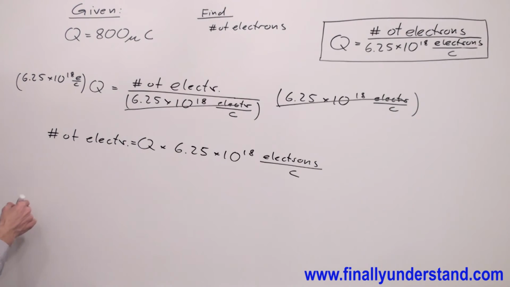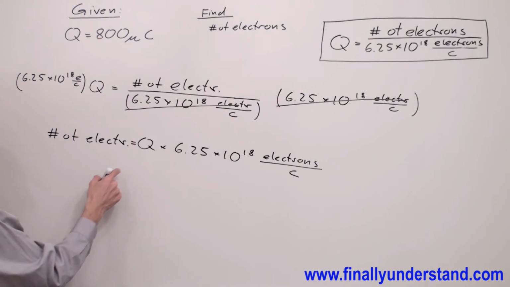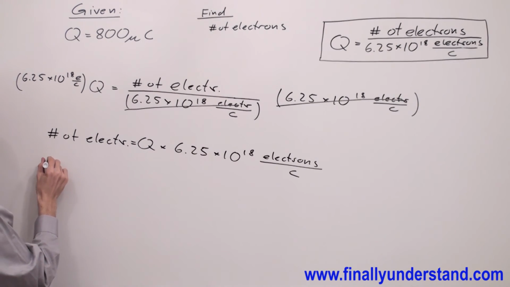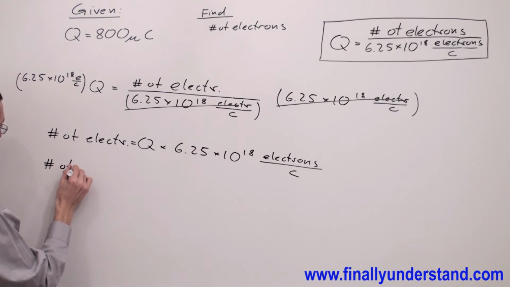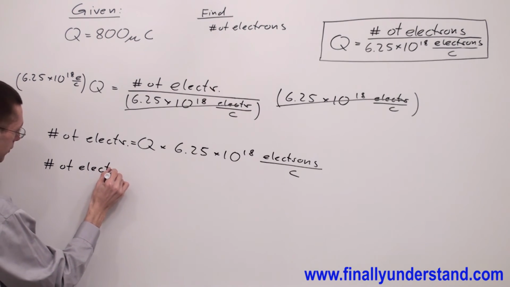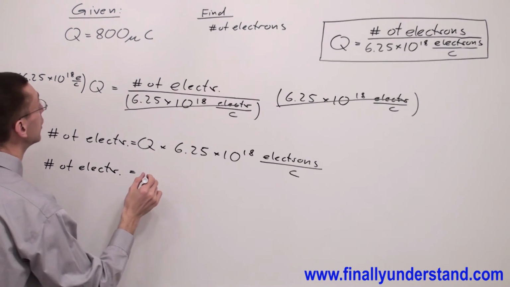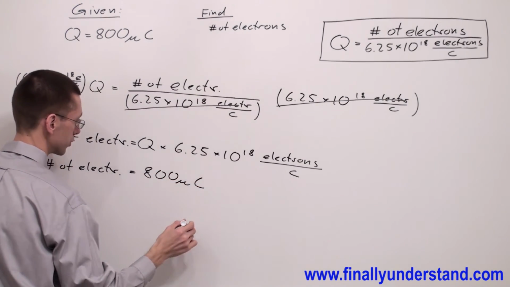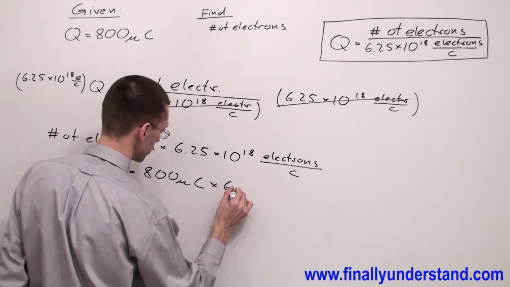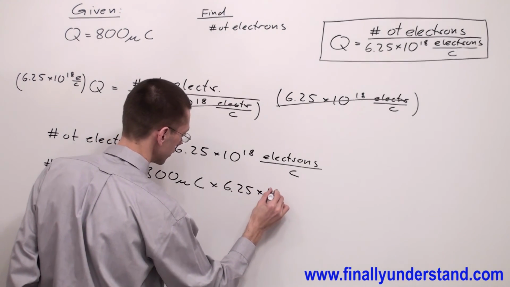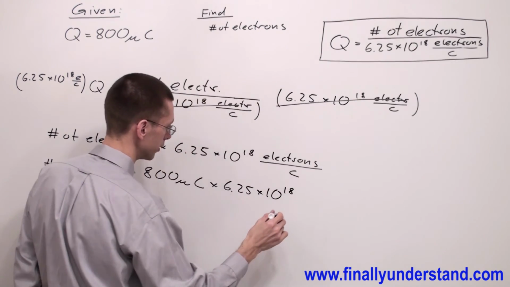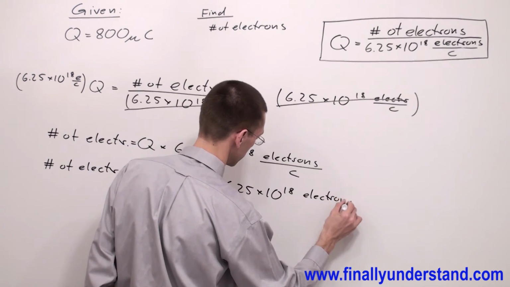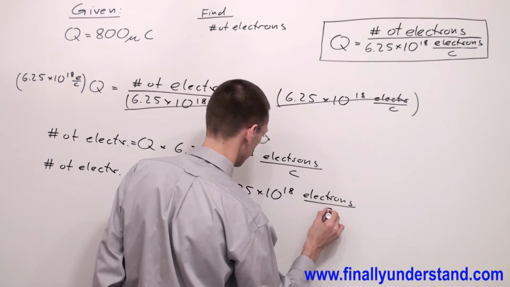This is my formula, and right now I'm supposed to replace Q by 800 microcoulombs. So number of electrons is equal to 800 microcoulombs times 6.25 times 10 to the 18 electrons per coulomb.